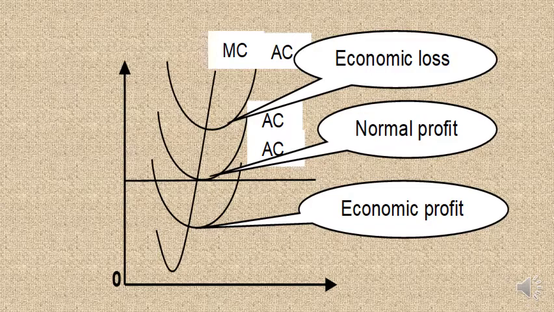As I said, it's the position of the average cost curve that determines whether the business is making a profit or loss. So in economic loss, in this graph, is your equilibrium point. Normal profit is where average cost is equal to average revenue. Economic loss, your average cost is above average revenue. And economic profit, your average cost is below average revenue.